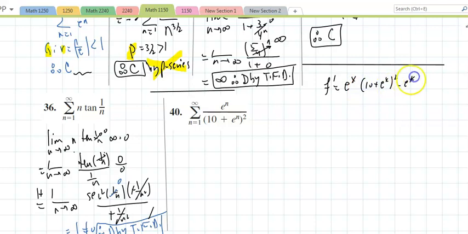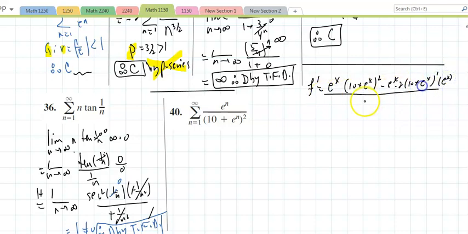minus the top times the derivative of the denominator, 10 plus e to the x, times e to the x, all over the denominator squared.